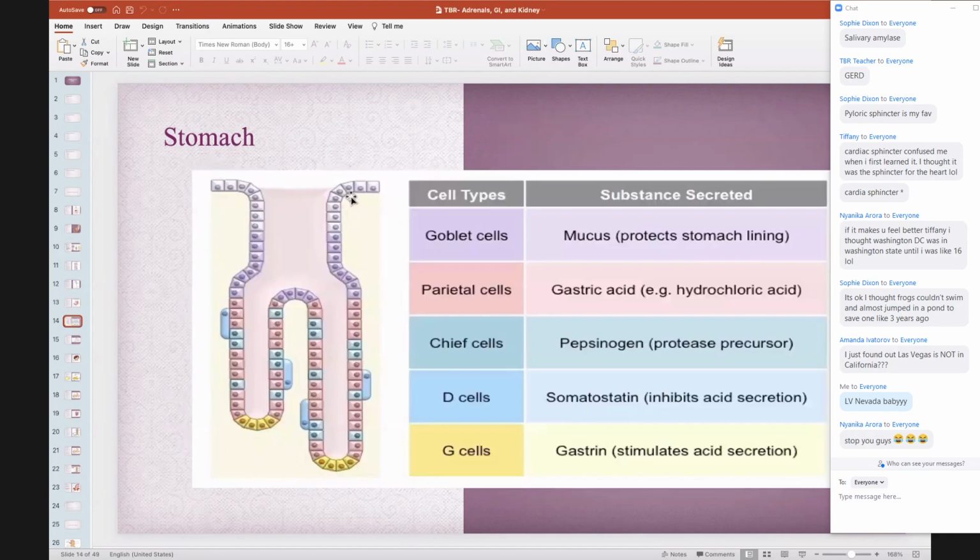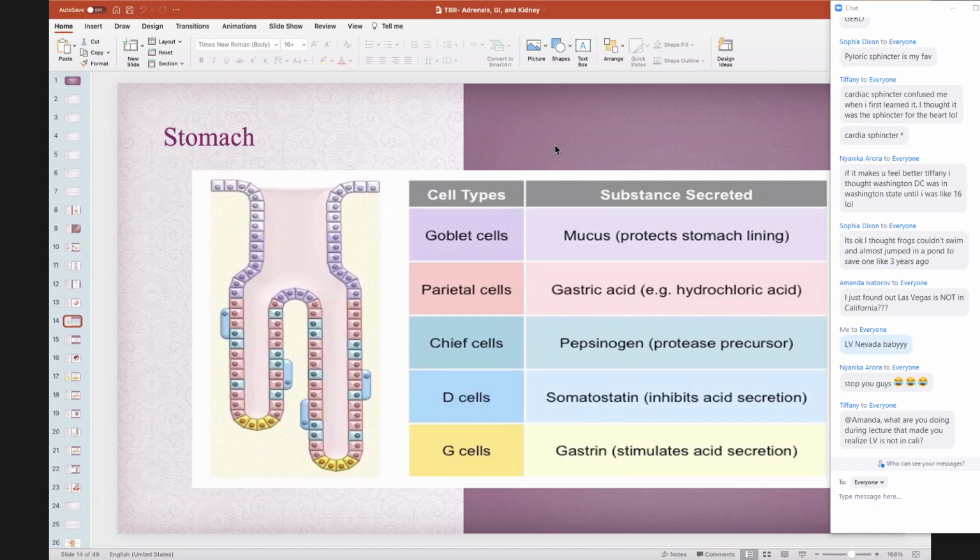All right, let's move past the stomach. We'll pass the gross structures of the stomach. Let's look more at the lining. There are different cells in the stomach lining. First, we do have goblet cells. Goblet cells exist in all regions of the body that produce mucus. You have goblet cells in your airways, in your stomach, and throughout the GI tract.